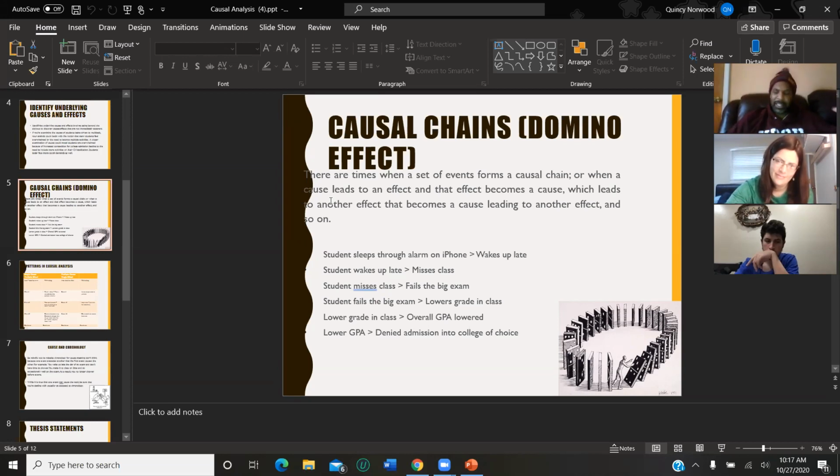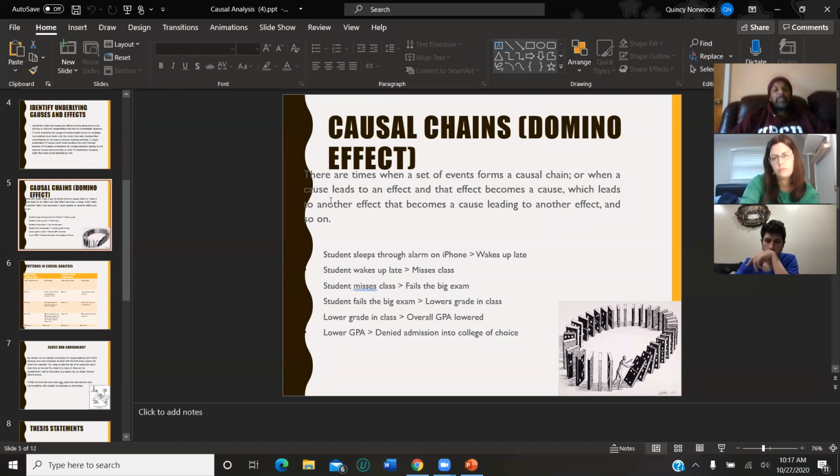That's pretty much what a causal chain is: one thing happens and that causes another thing to happen, and so on and so forth. No matter if you're writing about cause or effect, causal chains are great ways to develop paragraphs. You don't have to have one in every paragraph, but teasing out a causal chain here and there is a great way for developing your paragraphs.